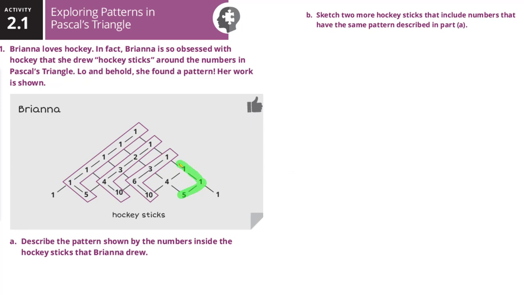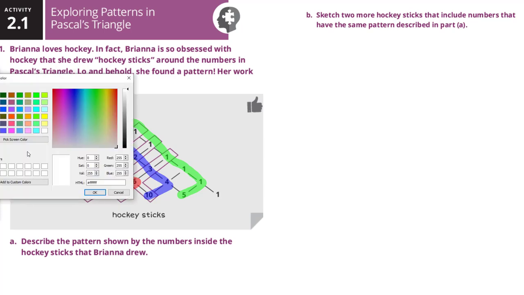So we have one here. And they're continuing to follow that pattern.